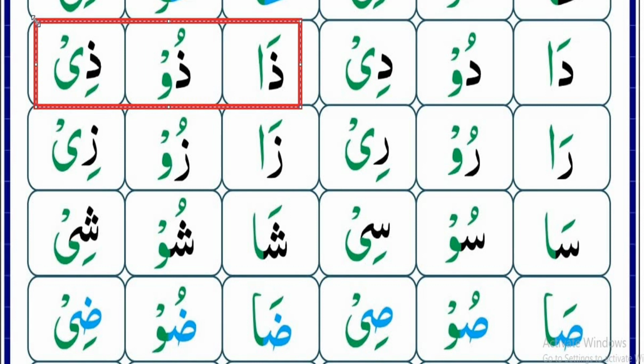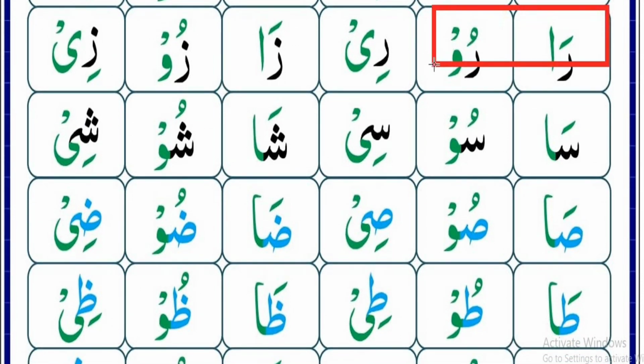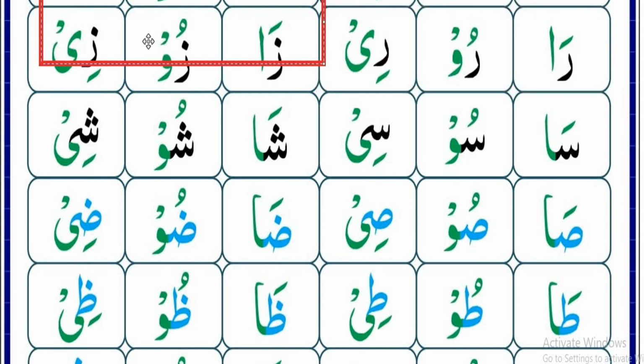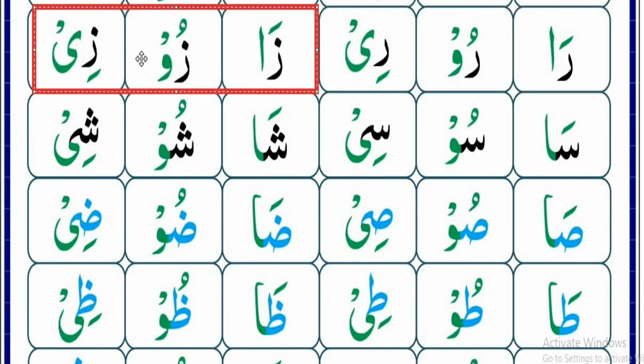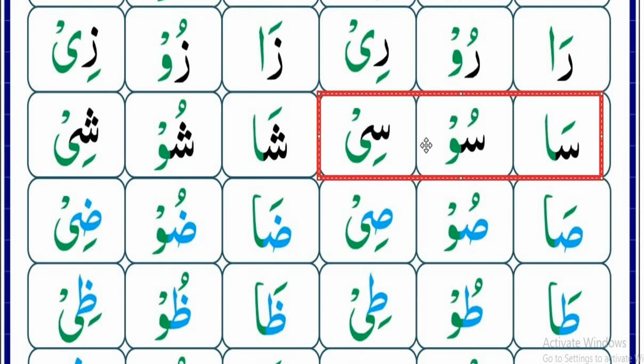So this is how you spell the letters. Now let's just read the rest of the letters without spelling. So this one is ra, ru, ri, za, zu, zi, sa, su, si. So madda letters are stretching all the three sounds.